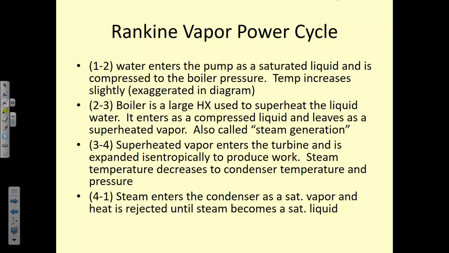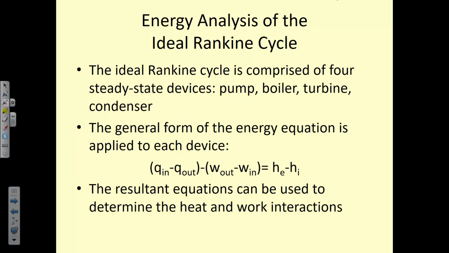We get a net work output, and then the fluid comes out at a lower energy because energy is extracted, which means that it loses a lot of its heat, loses its pressure, and then goes into the condenser to be completely turned into a liquid so that we can pump it back up to the boiler. So this cycle just occurs constantly, and just generates electricity for us.